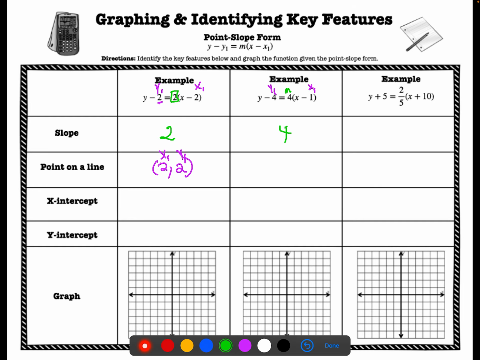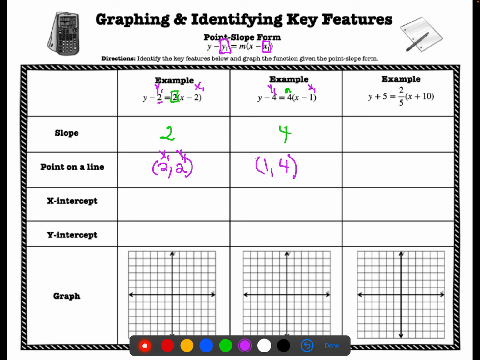So slope is 4 and the point is 1 comma 4. Remember, we do not bring the negative sign with those minuses. The reason for that is because when we look at the formula up here, minus is built into the equation. So all we want is the number part for our x, and all we want here is the number part for our y.